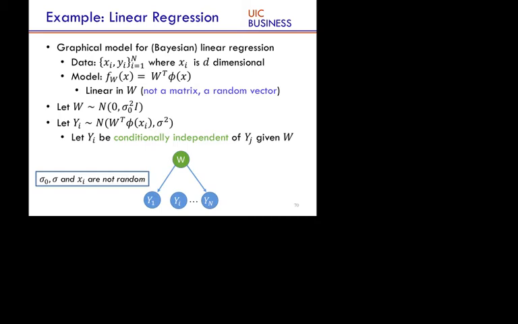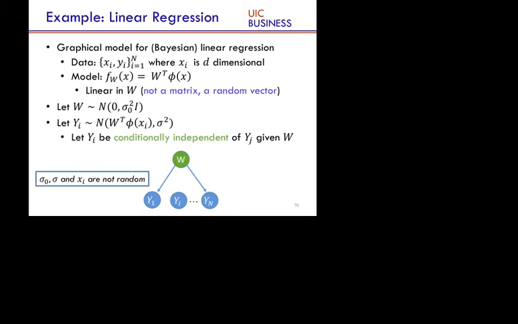So in this model that I'm defining with the conditional independence assumption, I'm also going to assume that these other things are not random. So first of all, features are not random, and the parameters of these normal distributions are not random. Okay. So the graph corresponding to this specification would look like this, where I've just highlighted conditional independence as this node conditioned on that, these random variable nodes are independent.